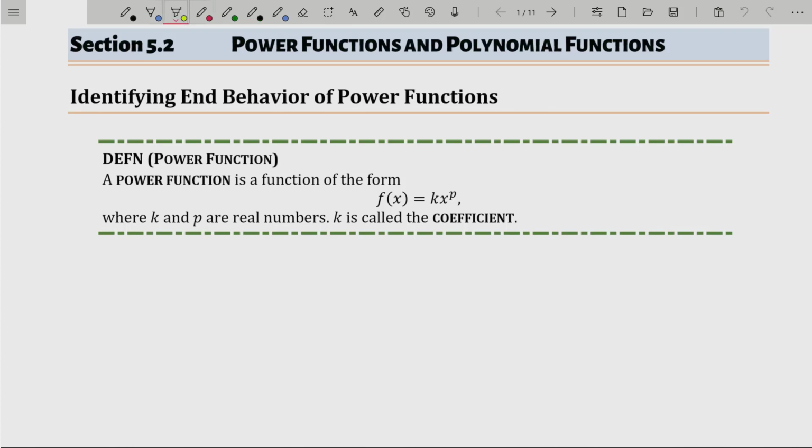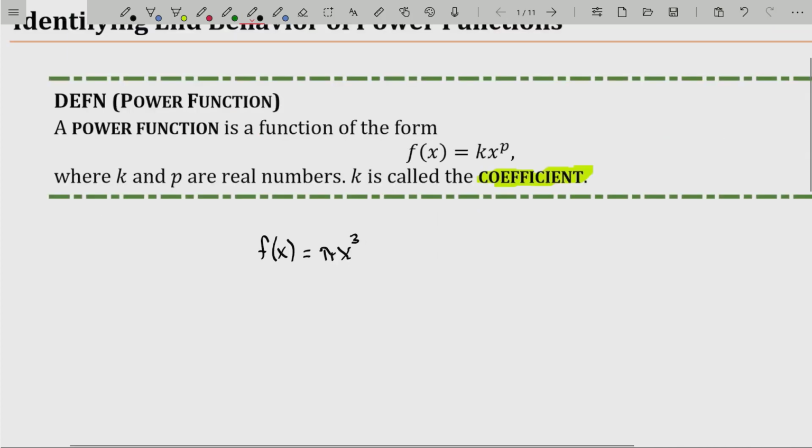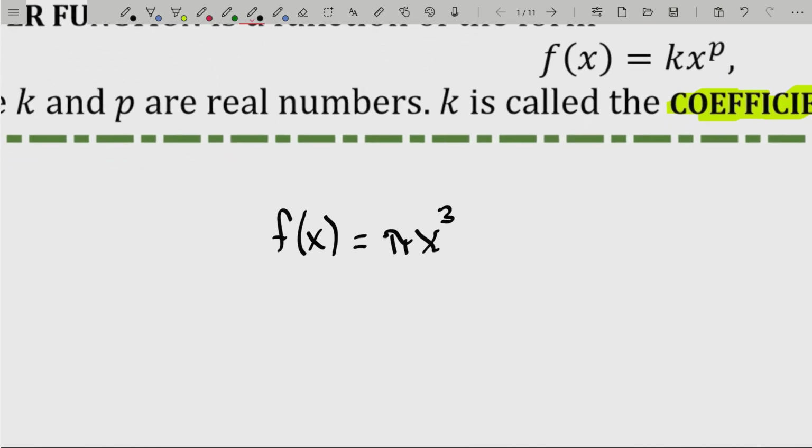So that's all written out here, right? So some examples of power functions would be something like f of x is equal to pi times x to the third. That's a power function, because again, the coefficient and the power are both real numbers. Another power function, g of x is equal to 1/2 x to the negative, let's say negative 3/7.